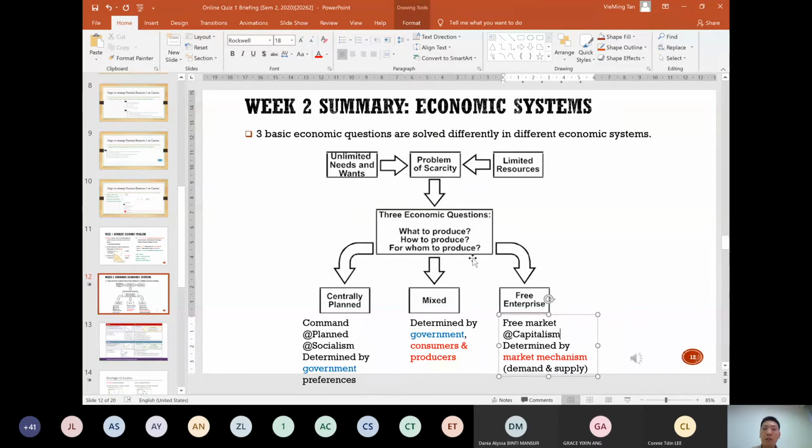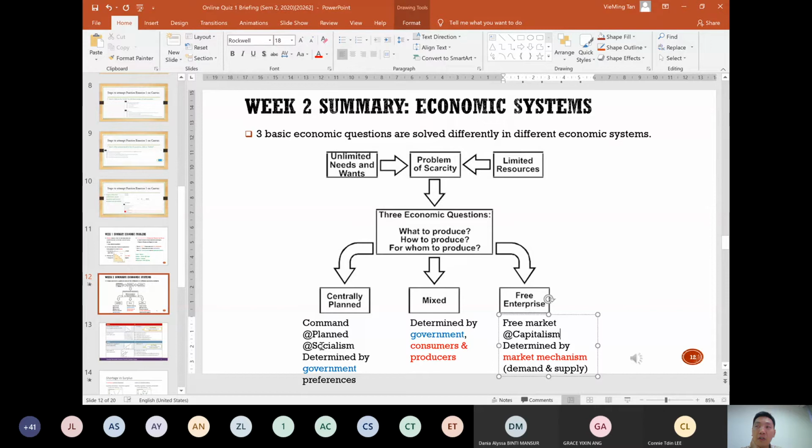All right. So for socialism, who will decide what to produce, how to produce, and for whom to produce? Only the government, the central authority, will decide everything.